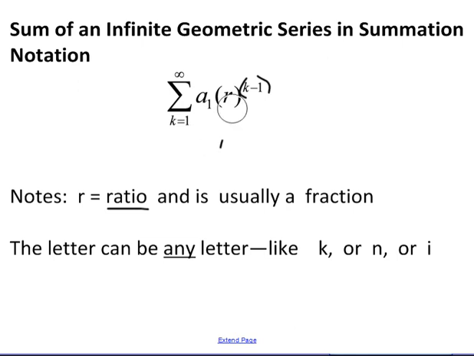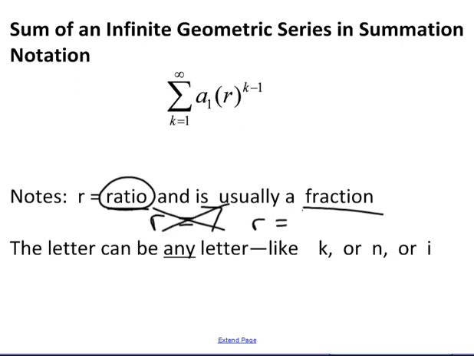Now in order to take the sum of an infinite geometric series, what we need is the common ratio to be a fraction. This doesn't really work if the common ratio is, say, r equals 7; this process won't work. If I have r equals 1/7, then this is when we use this summation notation.